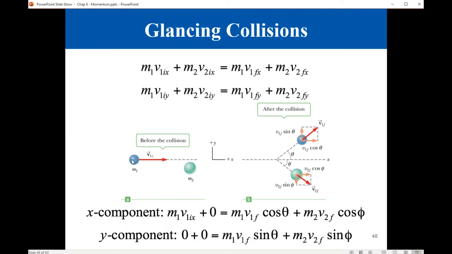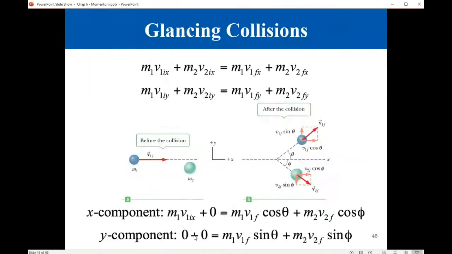So for the x component, we have this equation. So here m1 v1 cosine theta, and for m2 v2 cosine phi, another angle here. And for the y component, m1 v1 sine theta plus m2 v2 sine phi, this is equal to 0.